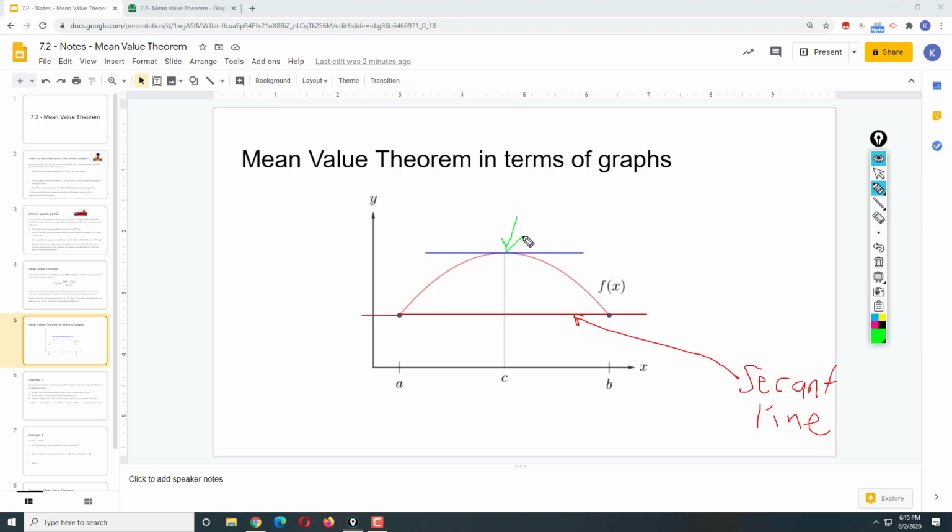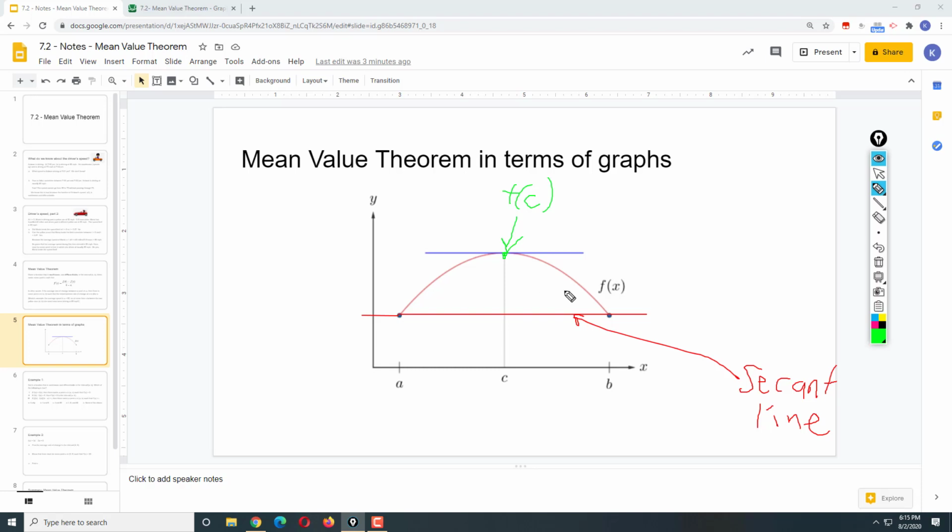It's actually the vertex of the parabola. There must be some point such that the slope at that point is 0, because our secant line has a slope of 0. The average rate of change is 0, so there is some point in between where the instantaneous slope is 0.